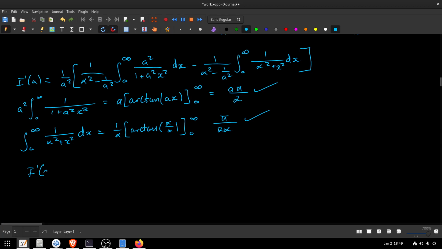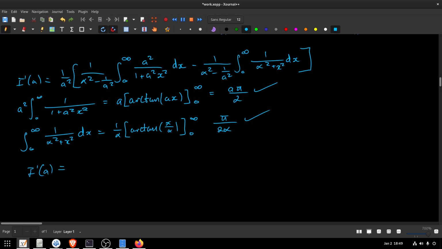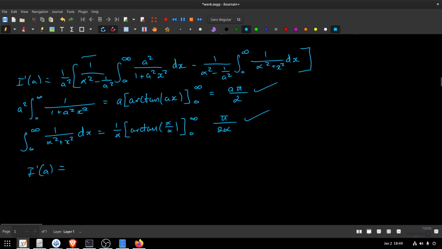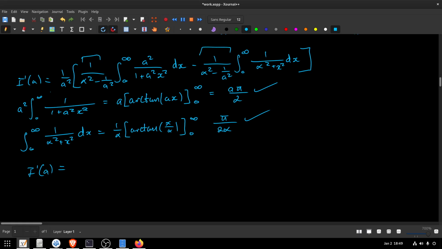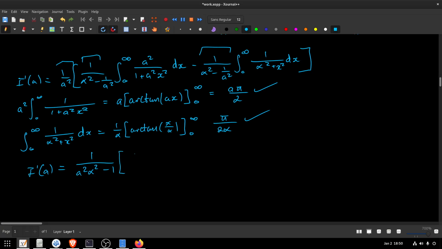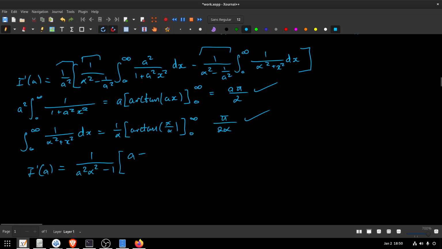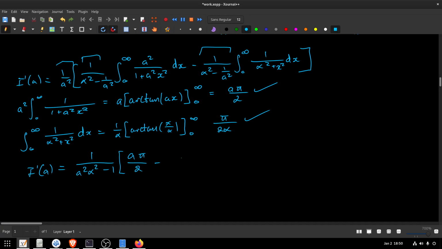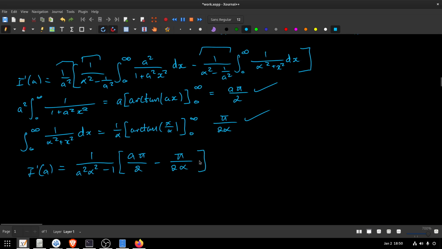So first up, we can pull these out front and combine them with this. That's just going to be 1 over a squared alpha squared minus 1. And then inside, we're going to have a pi over 2 minus pi over 2 alpha.